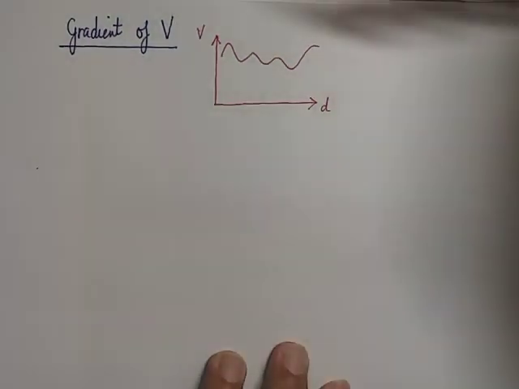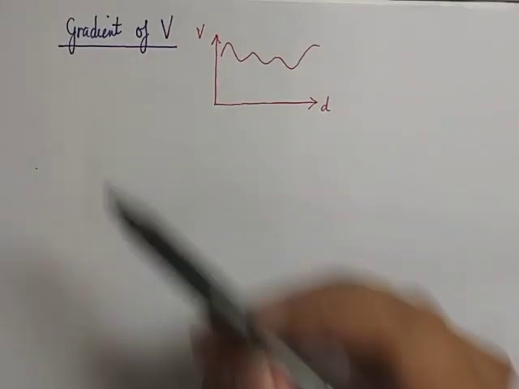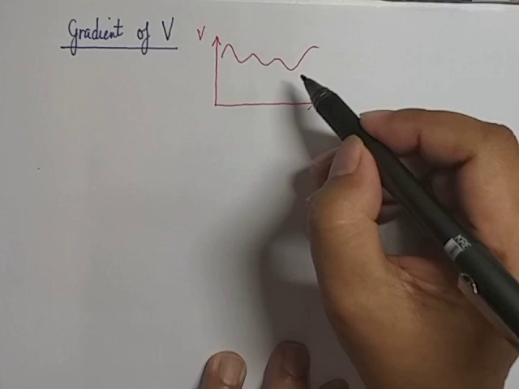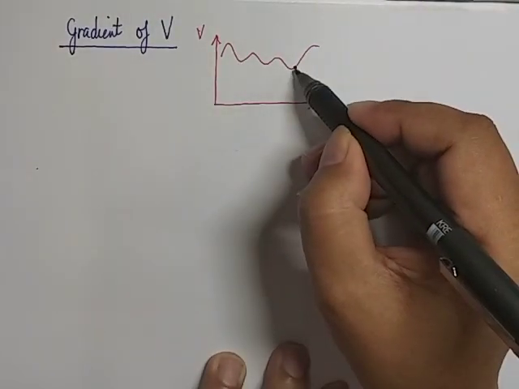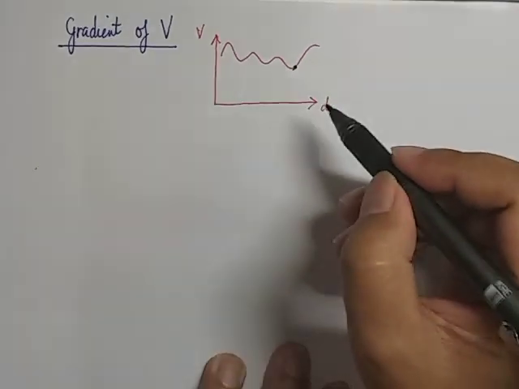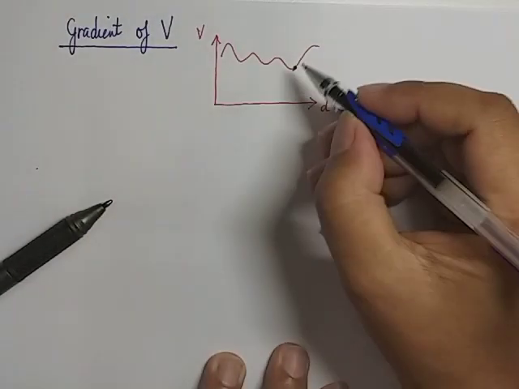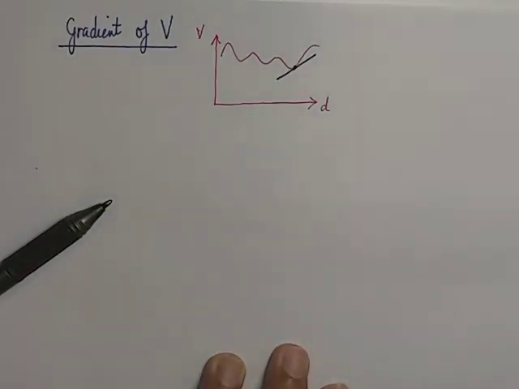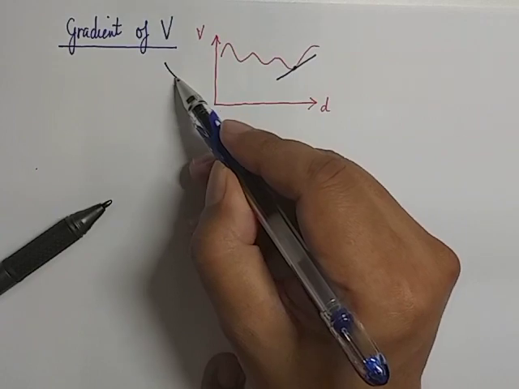What we're going to talk about now is the gradient, in other words, the slope of the graph. Let's say I'm talking about this particular point, this dot on the graph of V against distance. We can see there is information that we can extract from the graph, which is known as the slope. And this is what is known as the gradient of V.